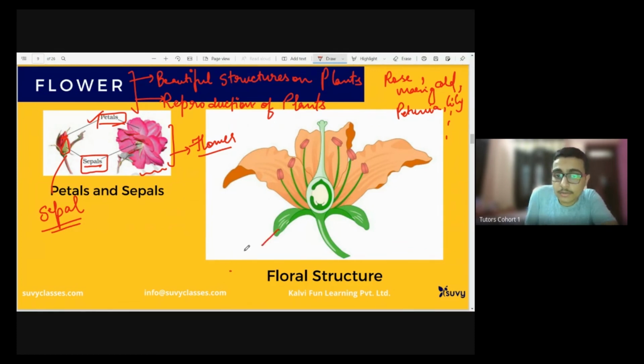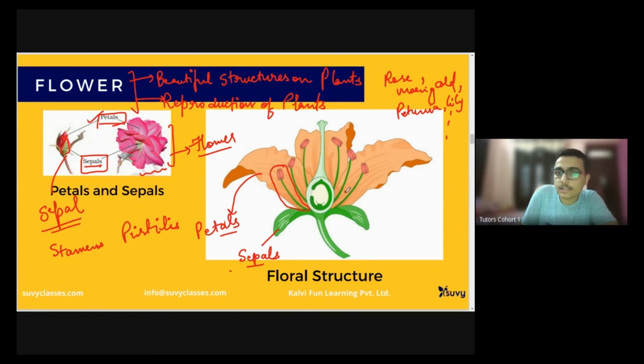This green part is known as sepals. This beautiful colored part is known as petals. Petals and sepals. Then we have two more categories, stamens and pistils. Stamens are these structures. This is a stamen.